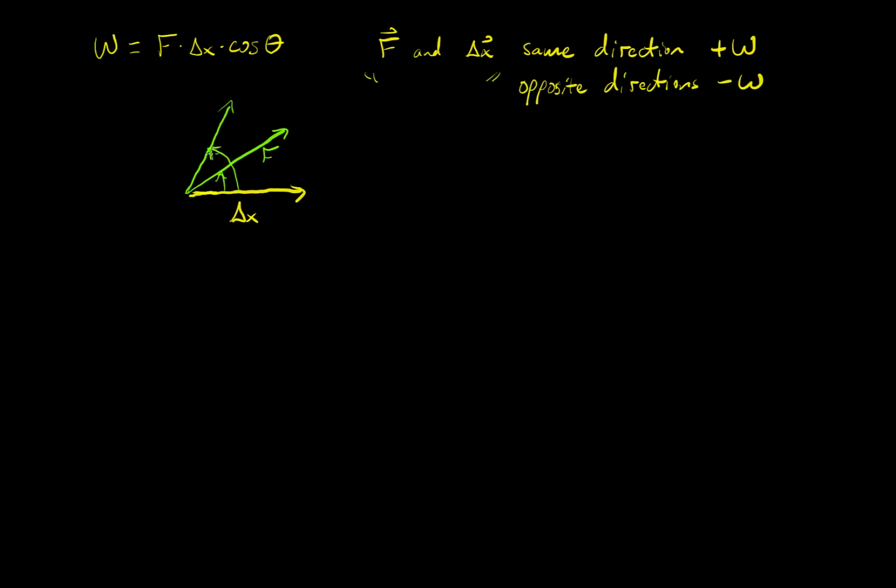So as the angle increases, it decreases until it's perpendicular. And at 90 degrees, a force which is perpendicular does no work. No work. And so I think that's it in general. That's the definition, and then some other things.